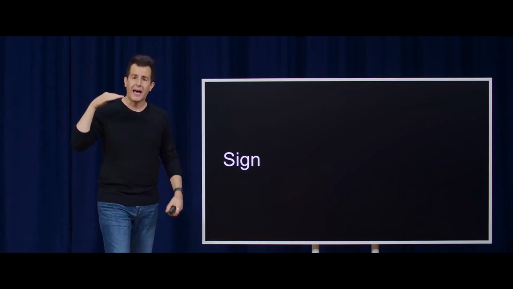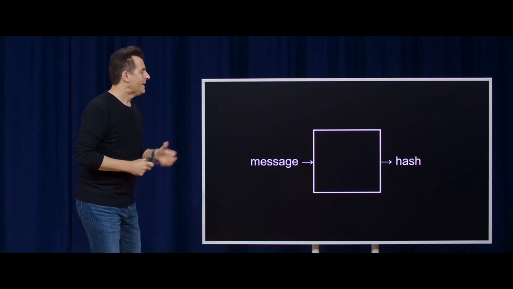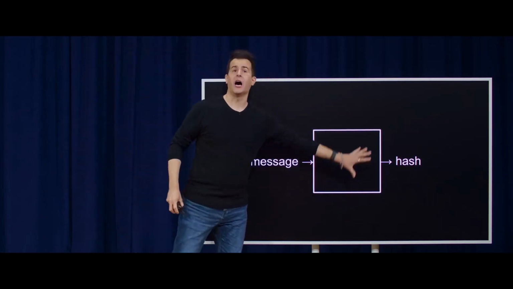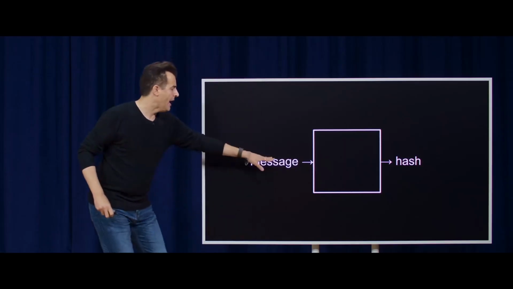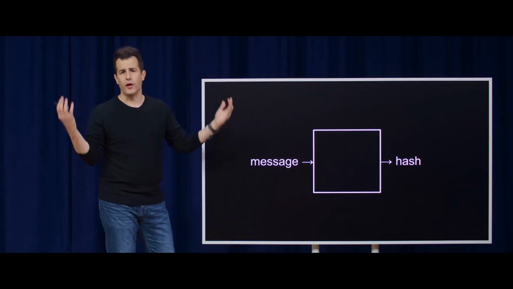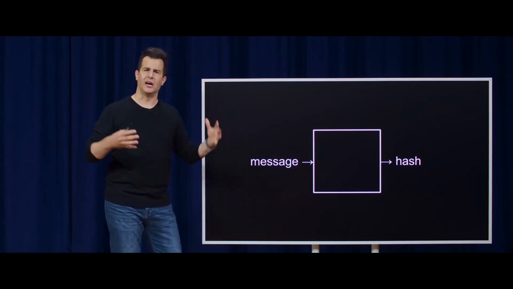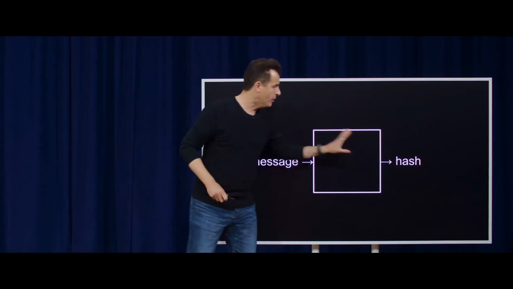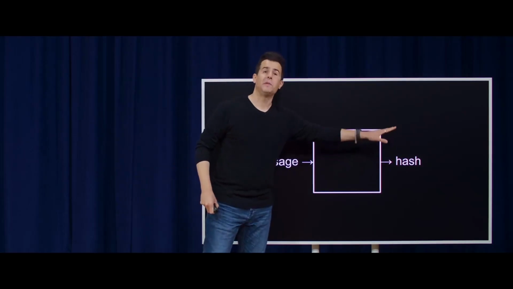It's all mathematics involved. So here then might be our algorithm for digitally signing some document or piece of information, and I claim that the input to this process is a message, a letter that you've written, a contract that you want to sign, something that you want to put your digital signature on. And the output of this message initially is going to be a hash.